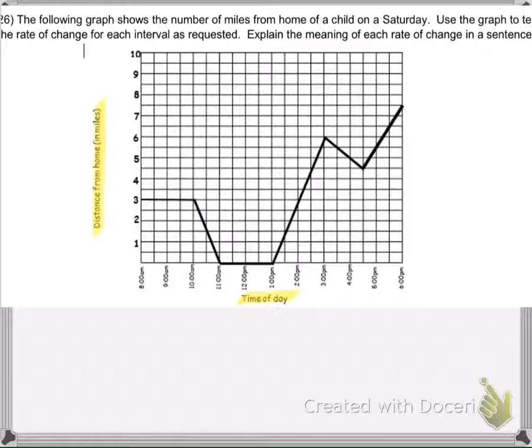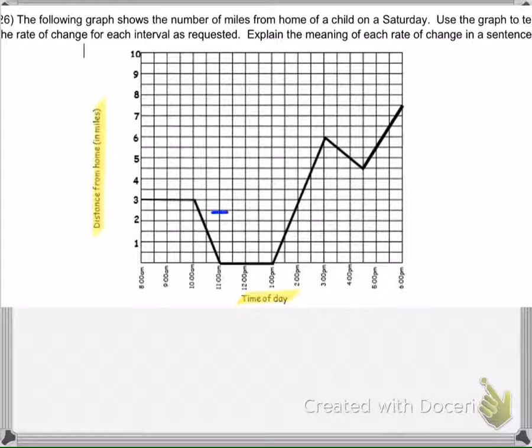So in other words, we remember from the left to the right, if the line goes down from the left to the right, it means it has a rate of change that is negative.